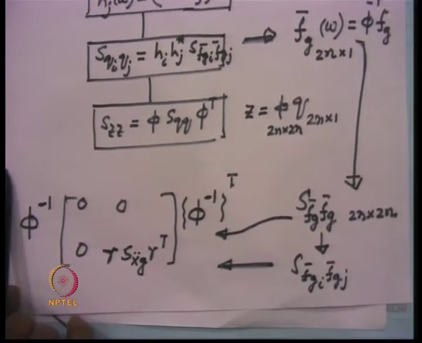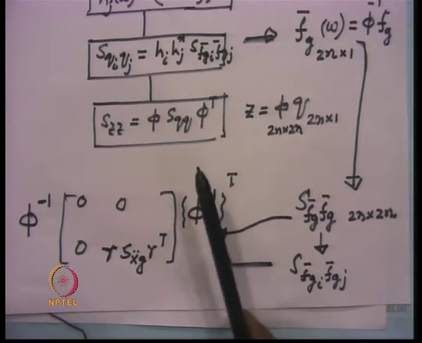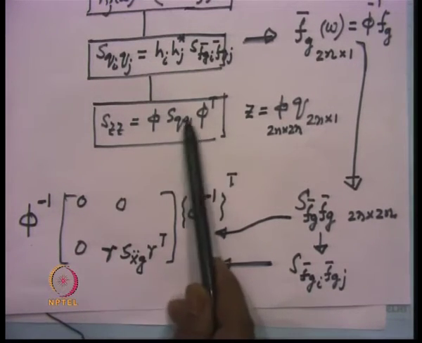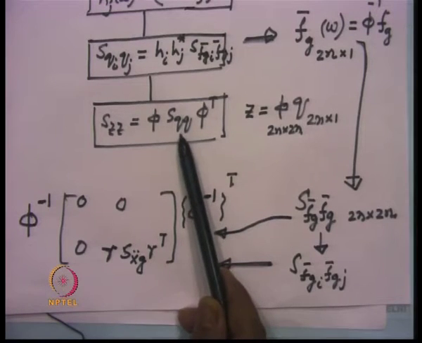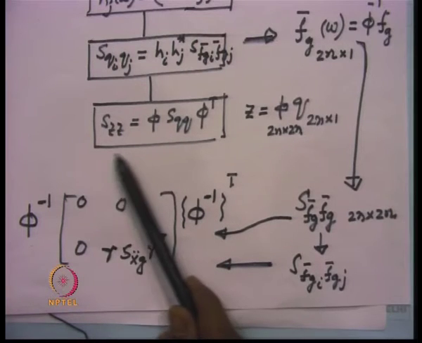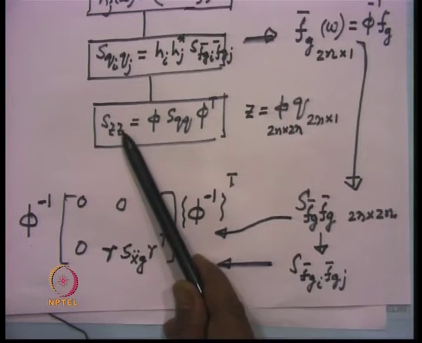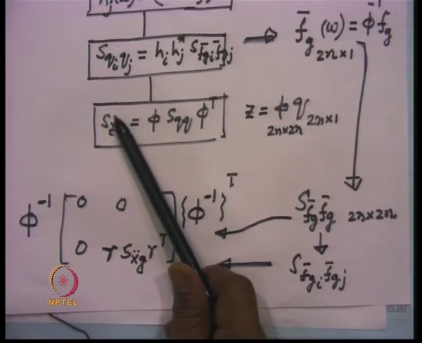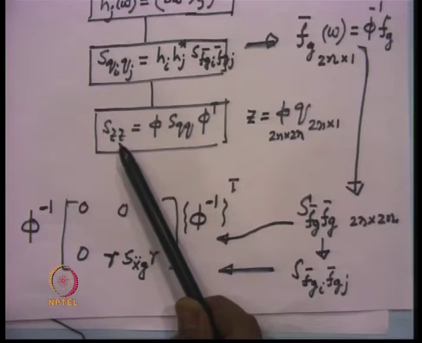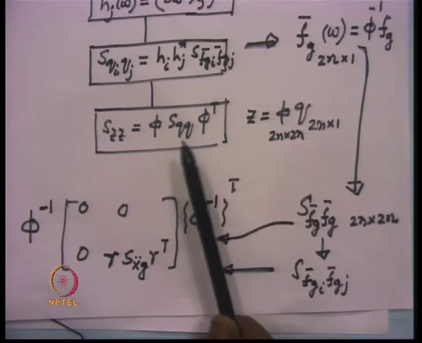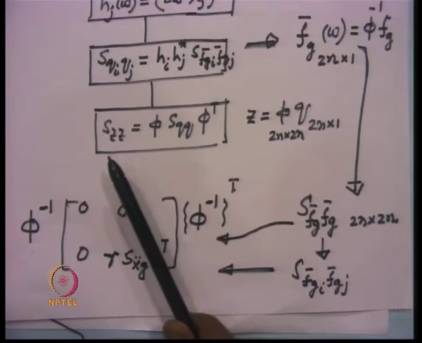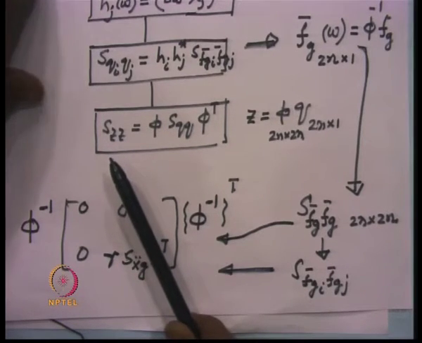And once we have the knowledge of SQy Qj, then we can form the SQQ matrix, that is the power spectral density function matrix in the generalized coordinate, and obtain the power spectral density function matrix in the state space form, that is SZZ, which will be equal to phi SQQ phi t, and this SZZ matrix will contain both x and x dot.